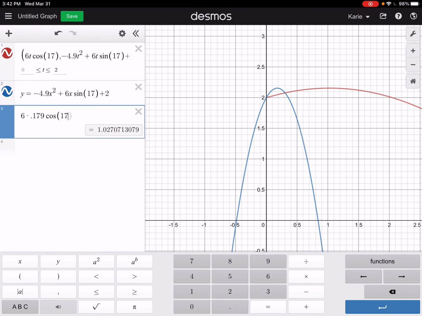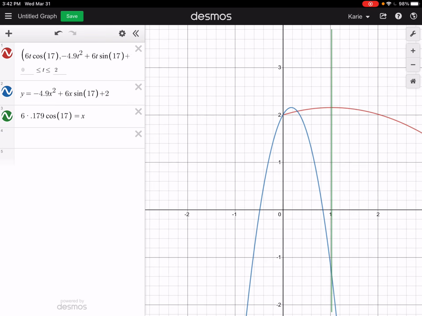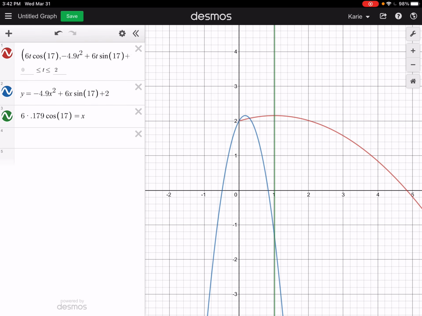So let's see if it'll graph this. I say equal x. Okay, sure enough, that does appear to be when that parabola is at its highest. So you do have a solution for figuring this out, but the Casio, once again, is easier.